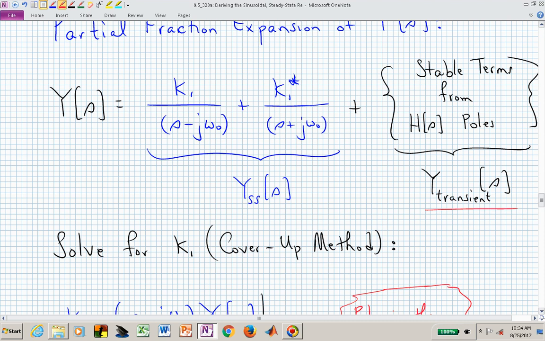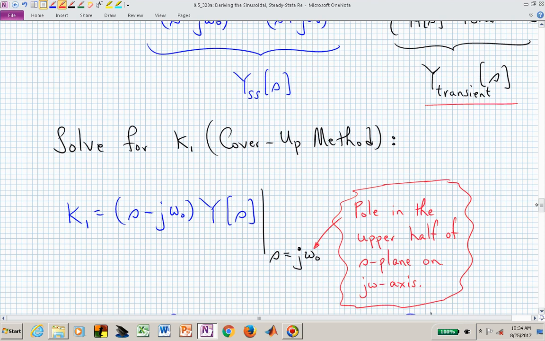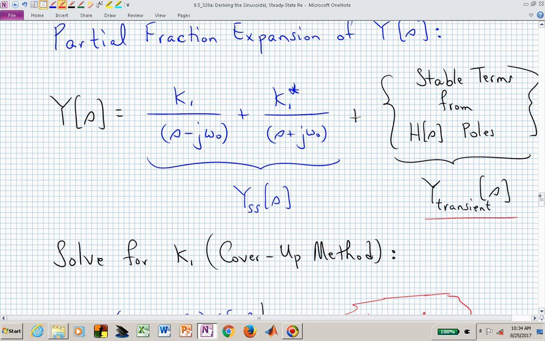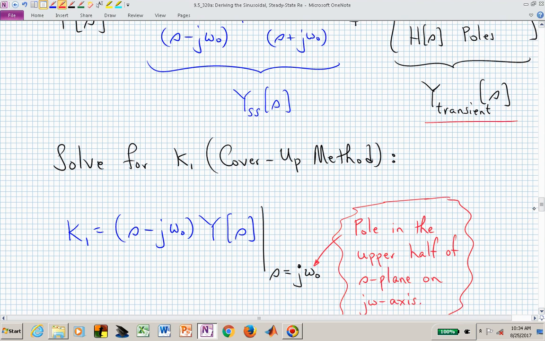We can solve for K1. It just is a unique pole factor, and we can use the cover-up method. So now let's solve for K1. We simply multiply all sides by the factor underneath K1, which is s minus j omega naught, and multiplying that on the left, multiplying that on the right, all of those disappear when we let s equal j omega naught.